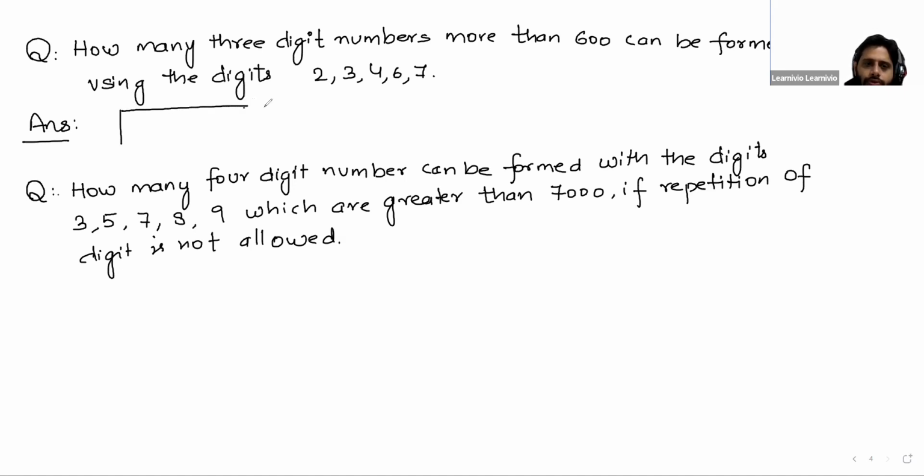There's no need to find the numbers and give the answer. It will take a lot of time. Please check here. How many 3-digit numbers? Okay. So the digits are 3. Then Safan, the number should be more than 600. So can you tell me, Safan, at this place, how many choices do we have from these?